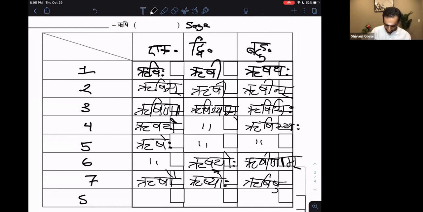Then he rishe. I'm not going to put the he so that we fit it. He rishi. He rishayaha.